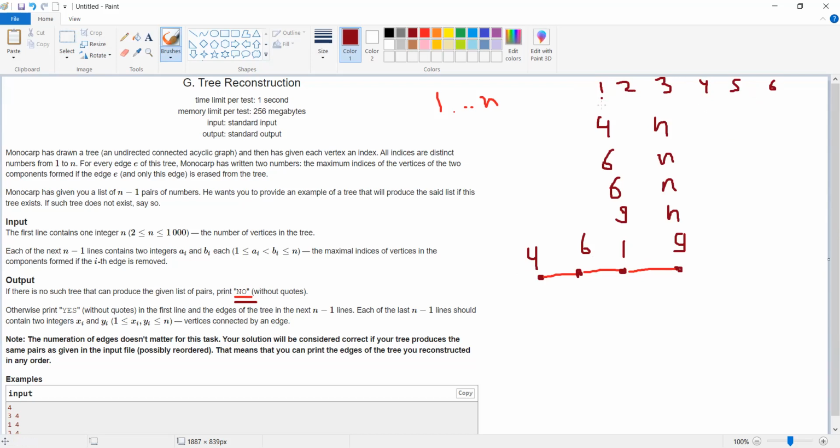And we have a pointer at the smallest number that we didn't use yet. So once we use this number, we move the pointer to the next one. If we, for example, put 6 and 4, then we already used them, so we cannot use them any further. So we put here 1, we used 1.